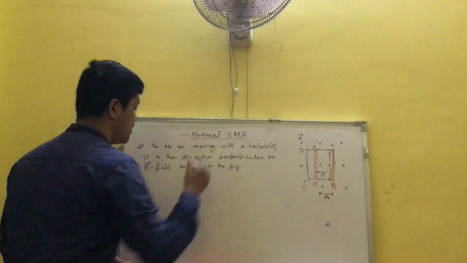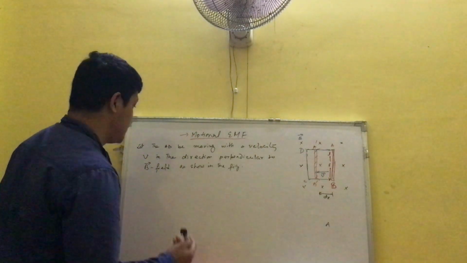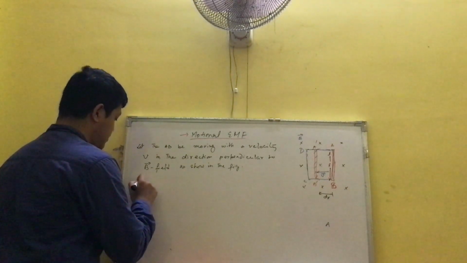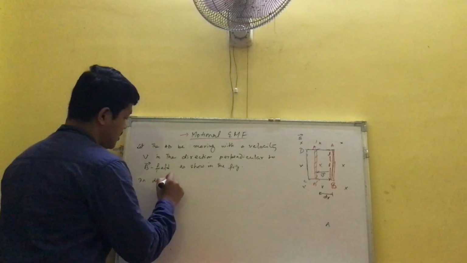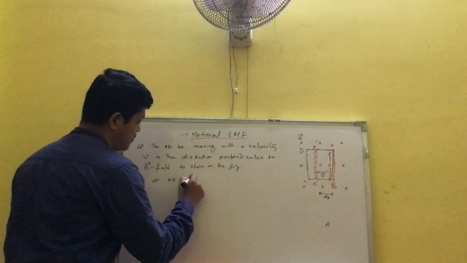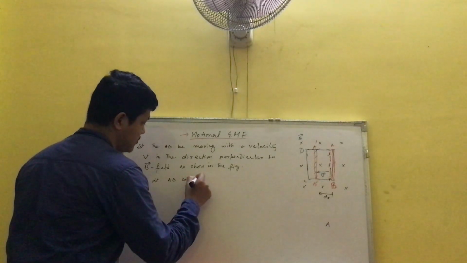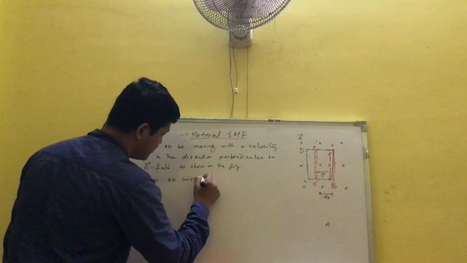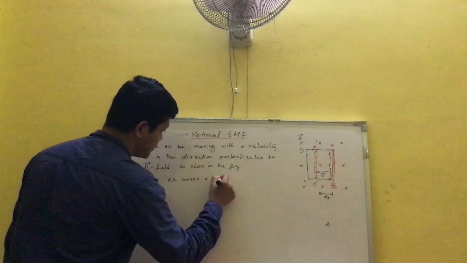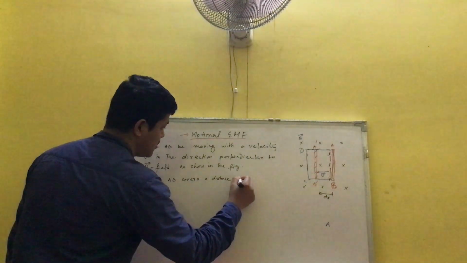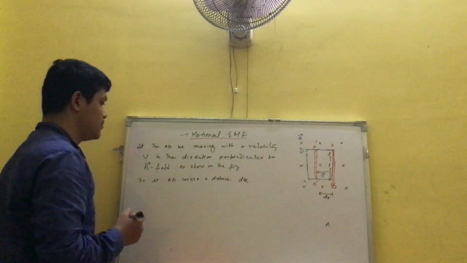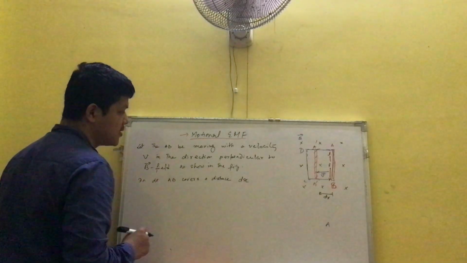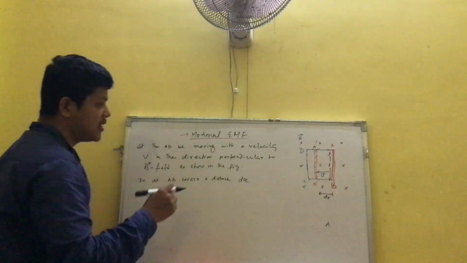We are talking about motional EMF. Now suppose in time dt, AB covers a distance dx. Then what will be the change in area?